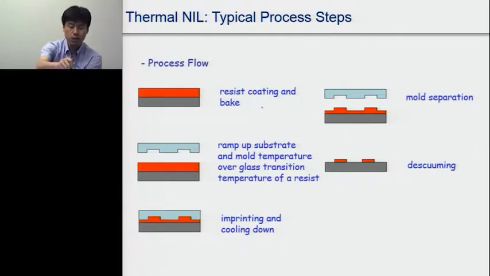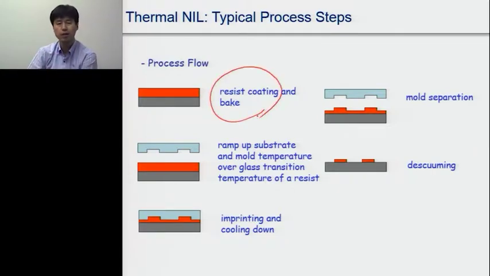First, as in optical lithography, we spin coat the thermoplastic material on a substrate using spin casting. It is the same spin coating process. And then this is the master mold.